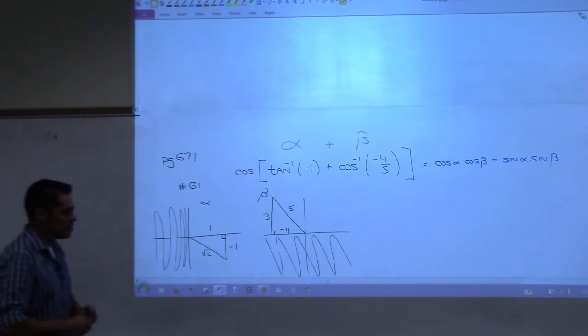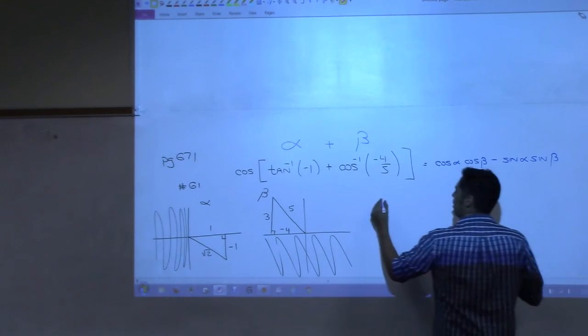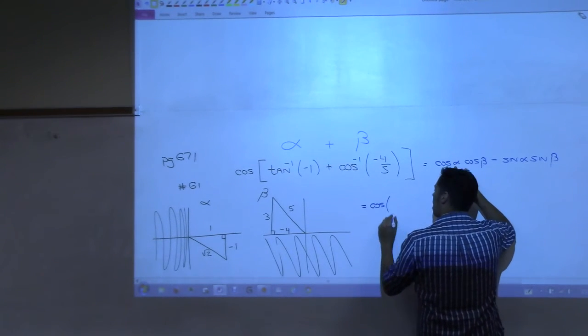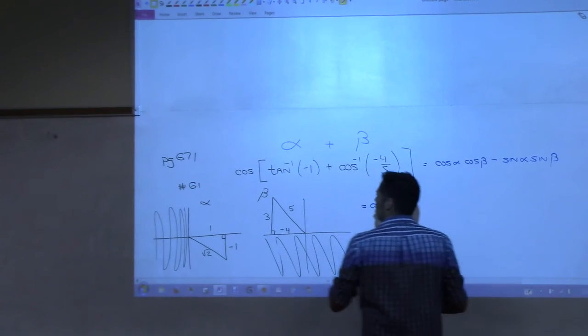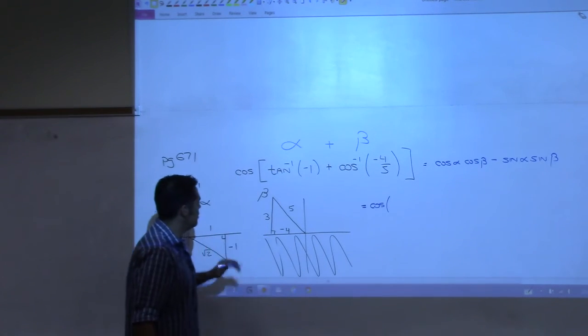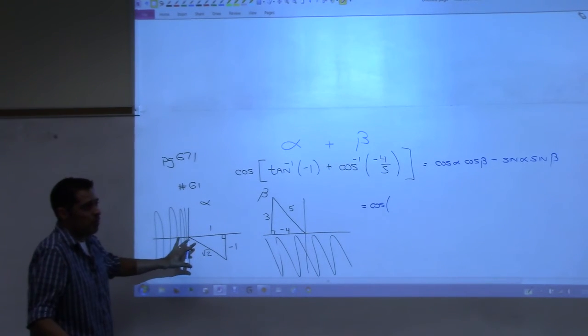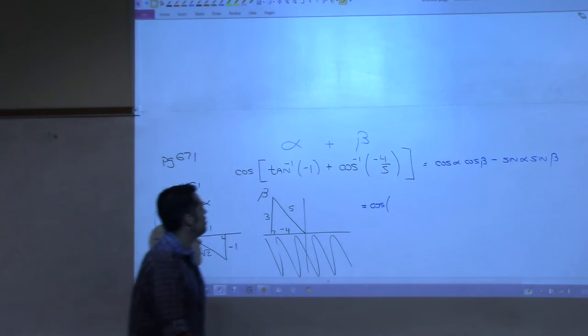Now let's go to this formula and replace everything. We have cosine of alpha. Do you just want to work off the triangle now? That's really what we're doing: 1 over root 2. Let me write it down.